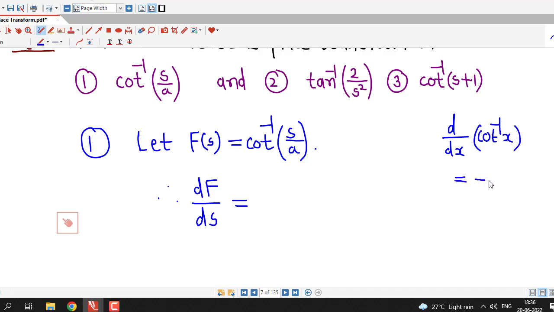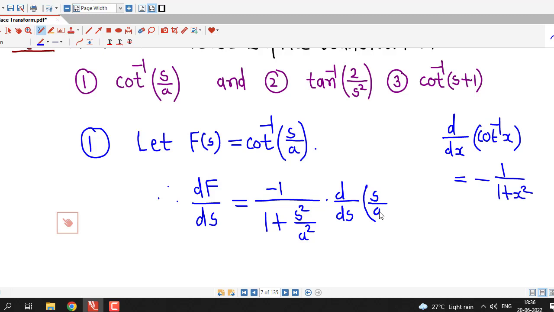This is given by negative of 1 over 1 plus x square. Instead of x we have s by a here, so we write this as minus 1 divided by 1 plus square of s by a, that is s square divided by a square, and in the product we have to write derivative of s by a with respect to s. So we are using chain rule.